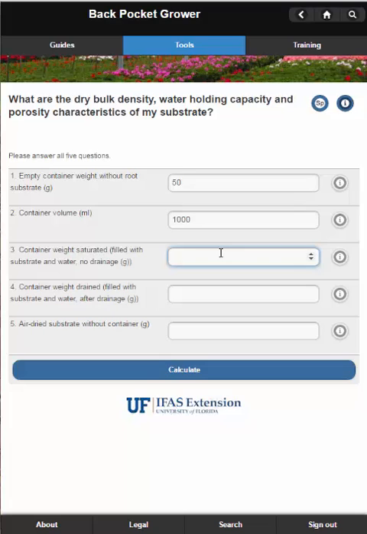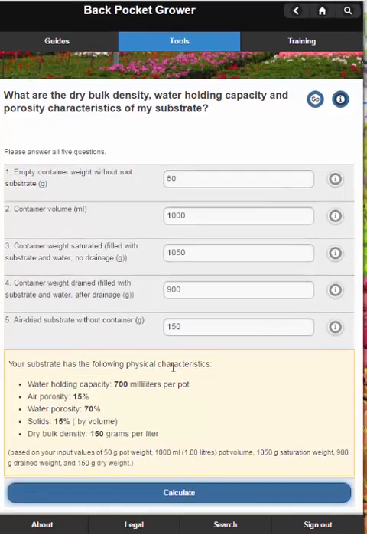If our weight of the container filled with the root substrate and with the drain holes blocked, and where we've filled it up right to the substrate surface level with water, so all the pores are filled with water, let's say in this case the weight was 1,050 grams, and now we have pierced the drain holes and let it drain down, and we reweigh it at 900 grams, and we have taken the substrate out and let it air dry in the greenhouse for several days, and we weigh it and find that it's 150 grams.